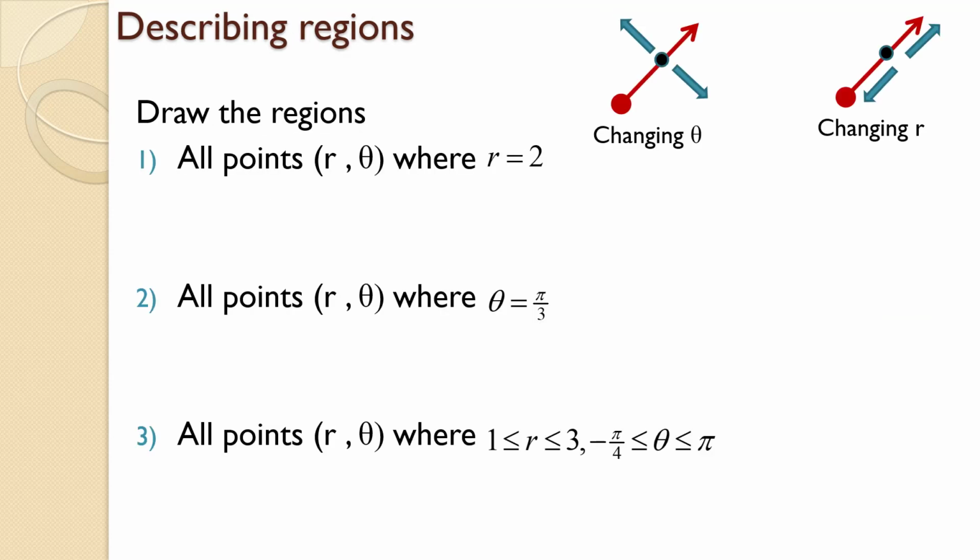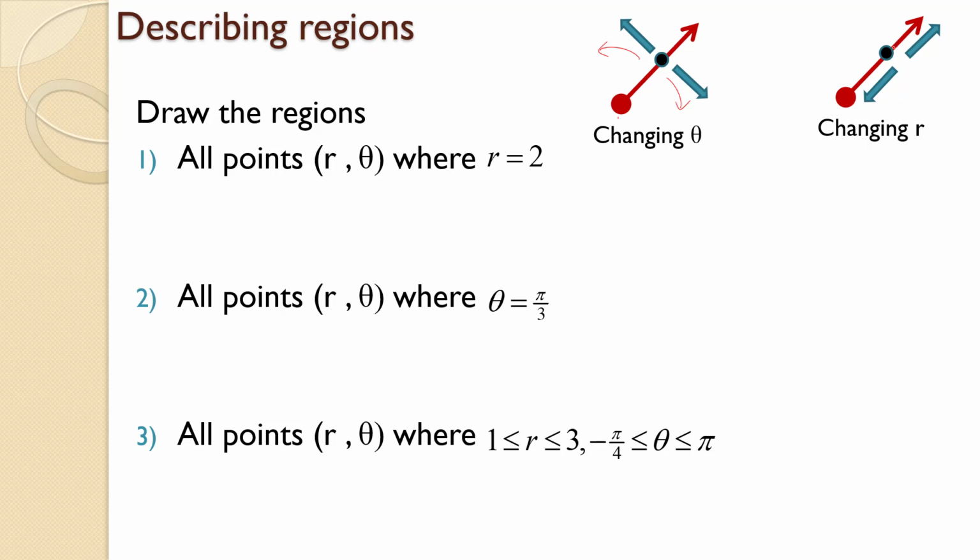Let's go ahead and draw some regions. Let's look at all the points where r equals 2. Now if you think about polar coordinates, there are 2 different actions. You can change the r, you can change the theta. If you change theta, that corresponds to rotating the polar ray, so the point would go around the pole.